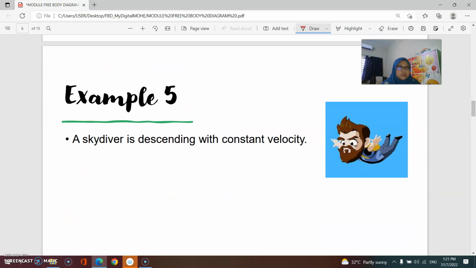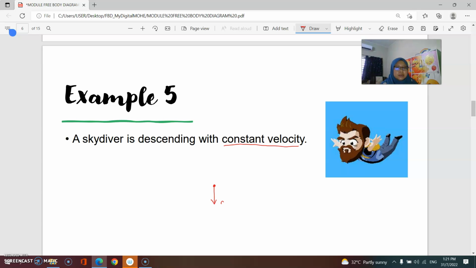Okay, now one interesting example: it is not moving to the right or to the left, so it is moving vertically. A skydiver is descending with constant velocity. For the first one, the object would be the skydiver.